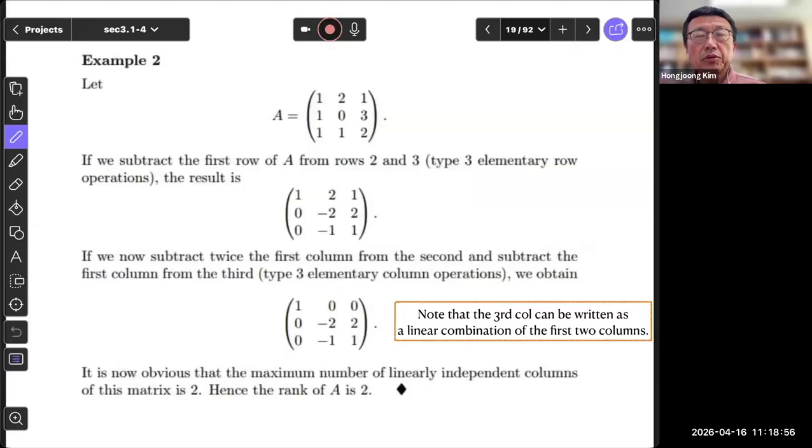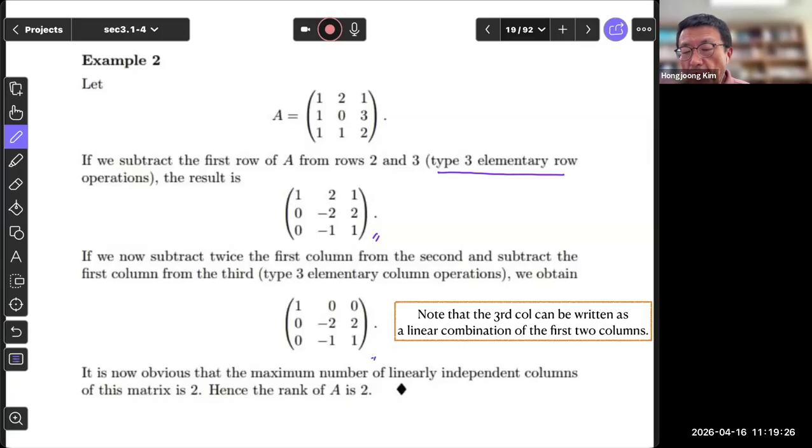Suppose that we have this matrix A, and if I subtract the first row of A from rows 2 and 3, so I'm just performing replacement 2 times, then the result is this. If we now subtract twice the first column from the second and subtract the first column from the third, then you get this.